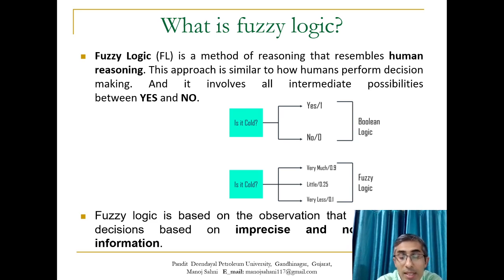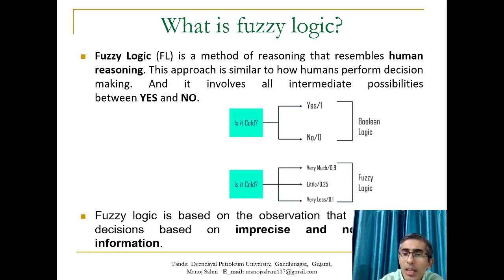If I ask in the crisp set, is it cold? The answer will be yes or no, that is 1 or 0, the Boolean way. Now, is it cold? What does the human think? Very much, little, very less, much, very less. These are all linguistic variables, which are actually given membership values like 0.9, 0.25, 0.1.